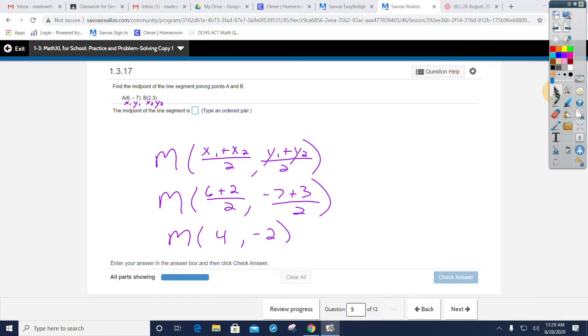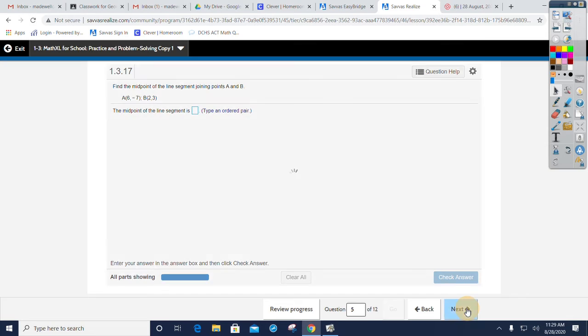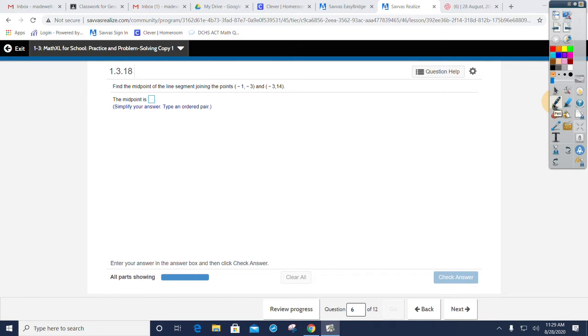And you're going to be happy with the next one because it is also a midpoint question, if I'm not mistaken. So you're going to do the same thing. I'm not going to write the formula down this time. So I got x1, y1, x2, y2. That's going to be negative 1 plus negative 3 divided by 2. That's your x's.